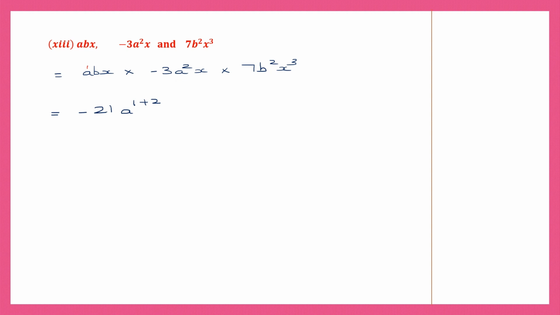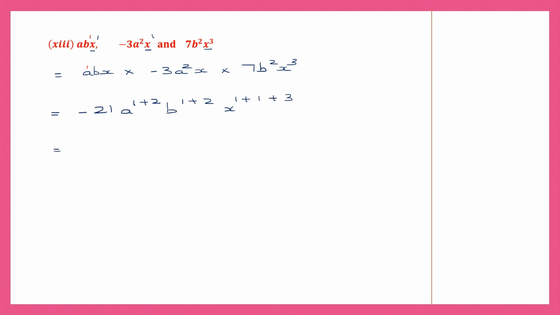Here we have b to the power of 1, and here again we have b to the power of 2. So that will be b to the power of 1 plus 2. So we finished with b. Now we'll go to x. Here we have x to the power of 1. Here also we have x to the power of 1. Here we have x to the power of 3. So if I take x, it will be 1 plus 1 plus 3.